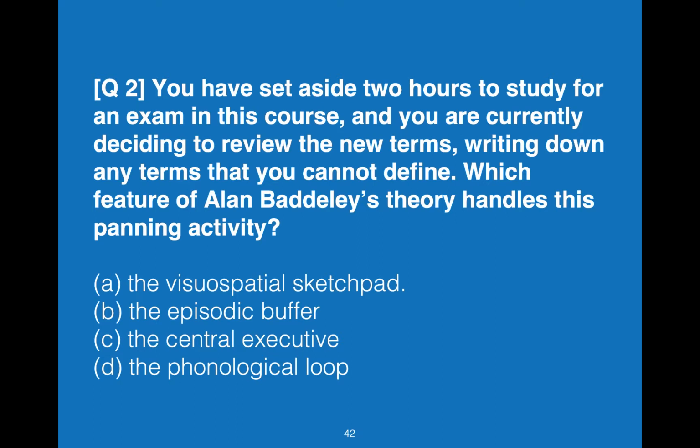Which feature of Alan Baddeley's theory handled this planning activity? So you decide, right? When you decide, when you solve the problem, what kind of component from the working memory model do you use? So this word can be the clue for the answer.